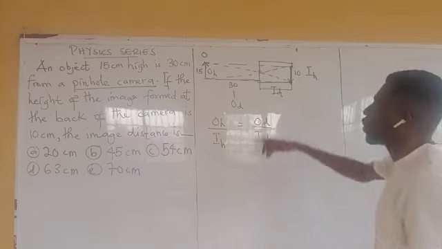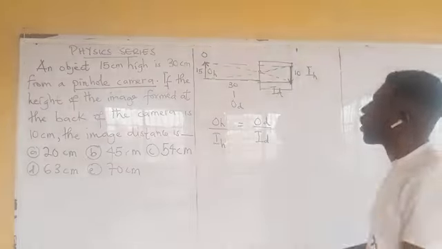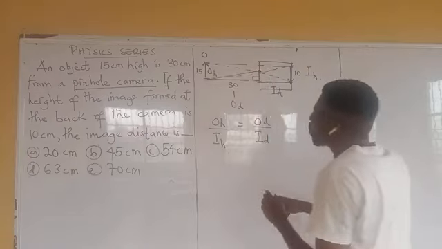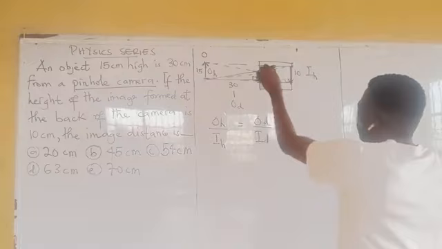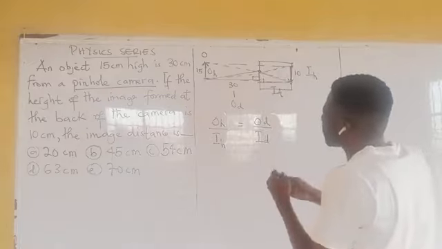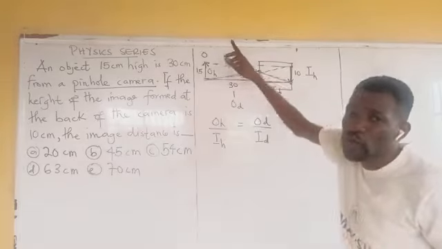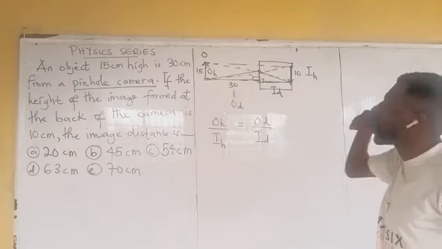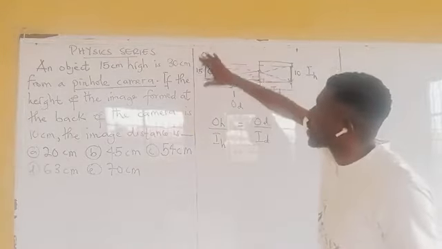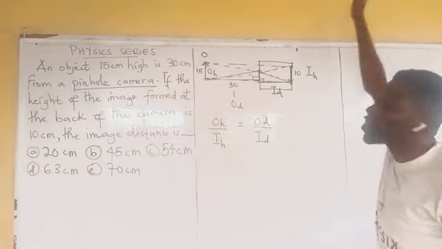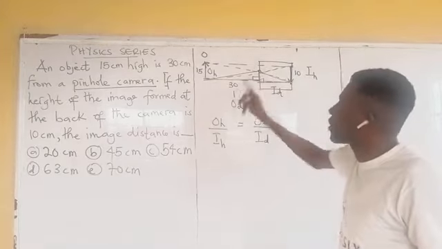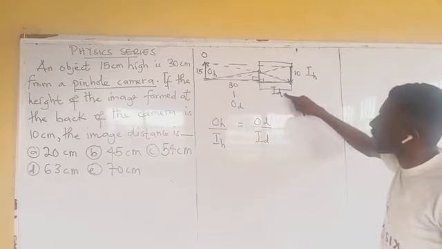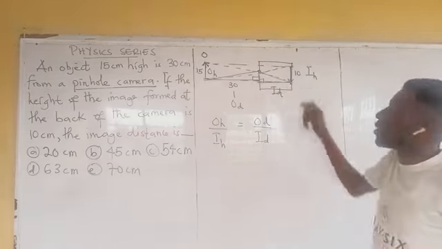Why is this possible? Because if I draw this diagram very well, you're going to see that I have a right angle triangle, and the image side will also give me a right angle triangle. So all we needed to do was relate the two triangles, the first with respect to the object and the second with respect to the image. I needed to establish a relationship between the size of the object, the size of the image, then the distance of the object from the pinhole, and relate that to the distance of the image from the pinhole.